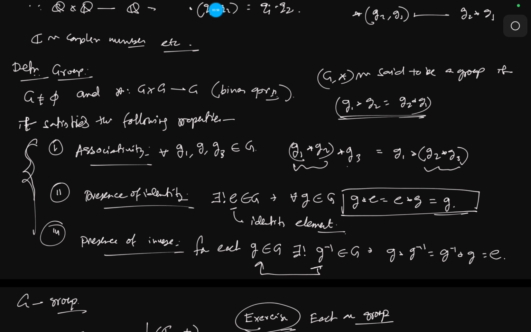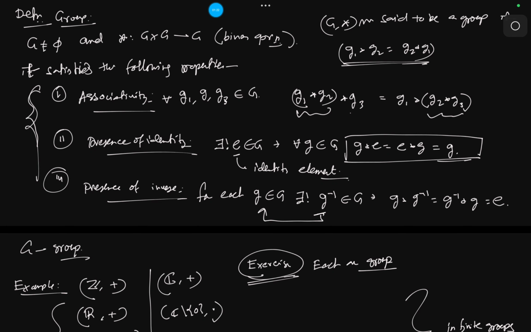That is, (g1 star g2) star g3 is the same as g1 star (g2 star g3). So basically the position of the brackets doesn't matter if I shift it one element to the right.